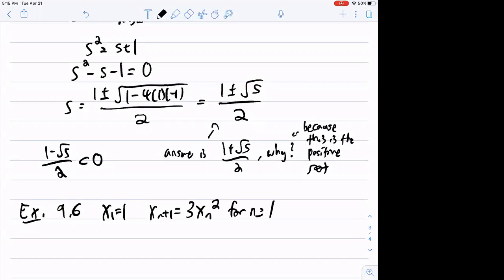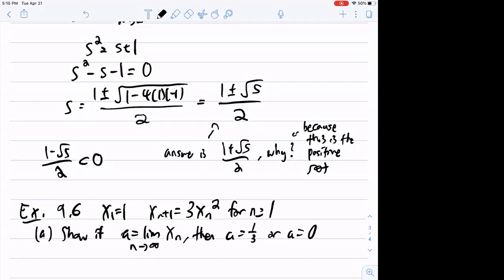So part A: show if a equals the limit as n goes to infinity of xn, then a is 1/3 or a is 0.